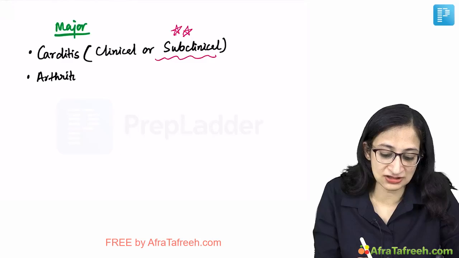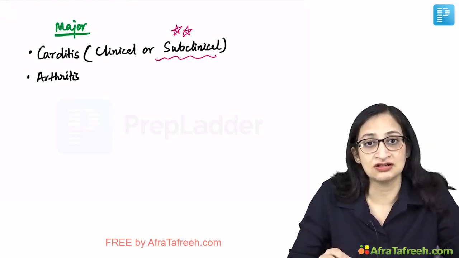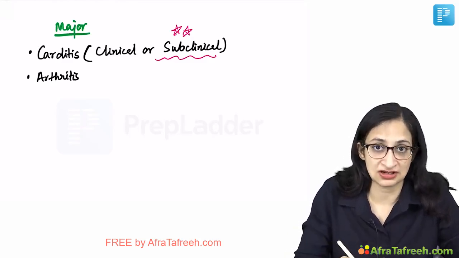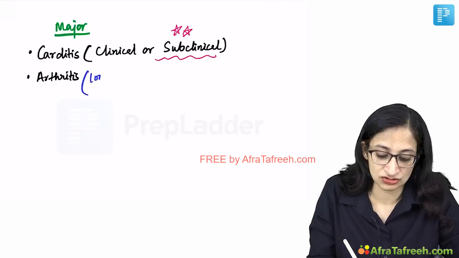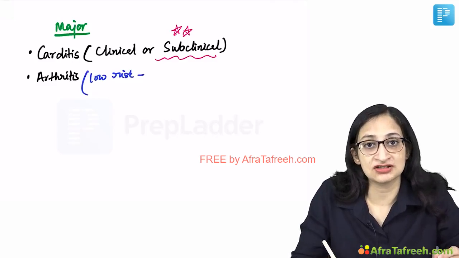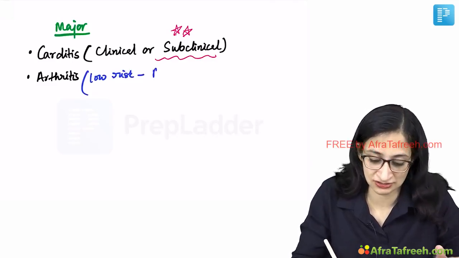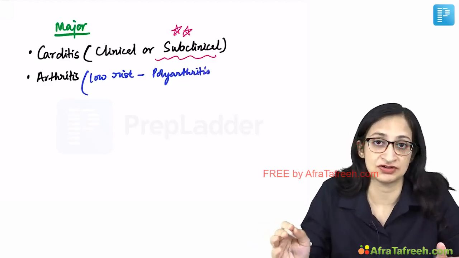Now in this arthritis, there is again a slight difference in the 2015 criteria. The 2015 criteria says that for low risk population, the definition of arthritis remains polyarthritis. Migratory polyarthritis, which is classically seen in rheumatic fever.